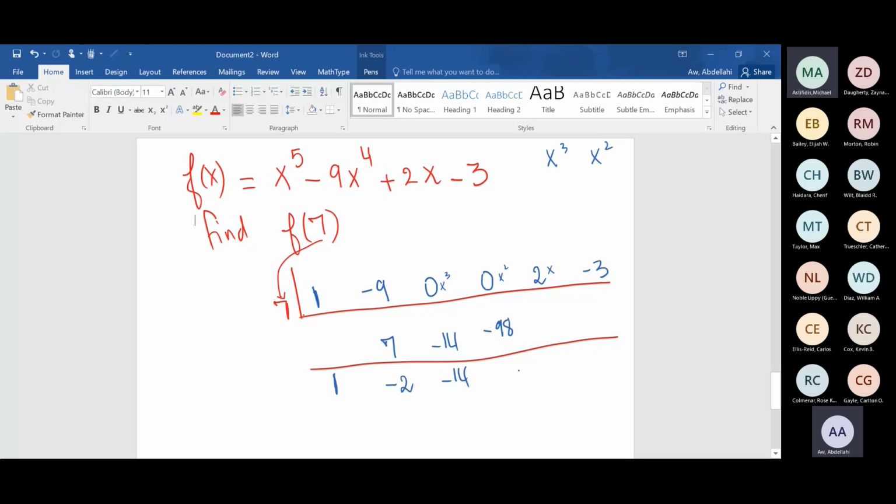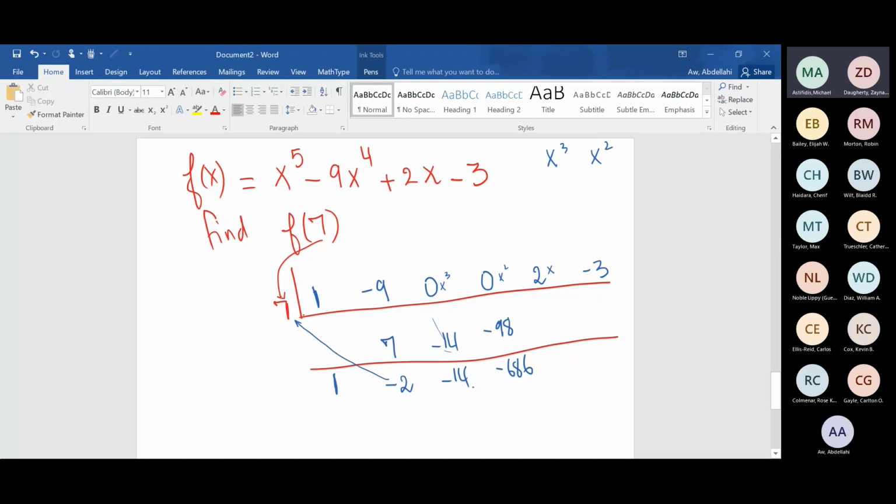Those are big numbers, okay? -98 times 7 is 686, which is negative. And then we multiply by 7. I have a question. Yes. How did you get -14? Because -2 times 7. Okay.